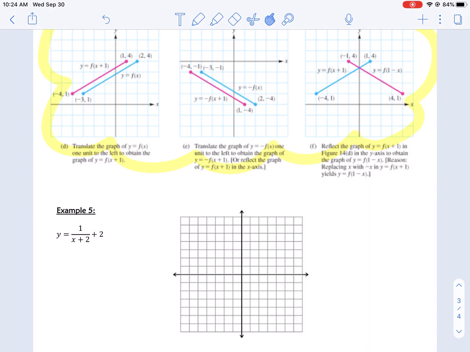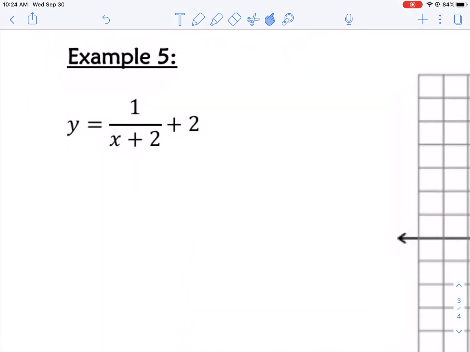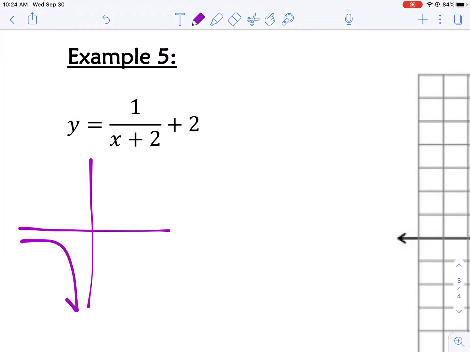It's very interesting. You will notice the shape, I'm going to draw my x-axis, was like this. You can go back to those notes and verify. This is y equals 1 over x. So we have a little bit of translating to do.